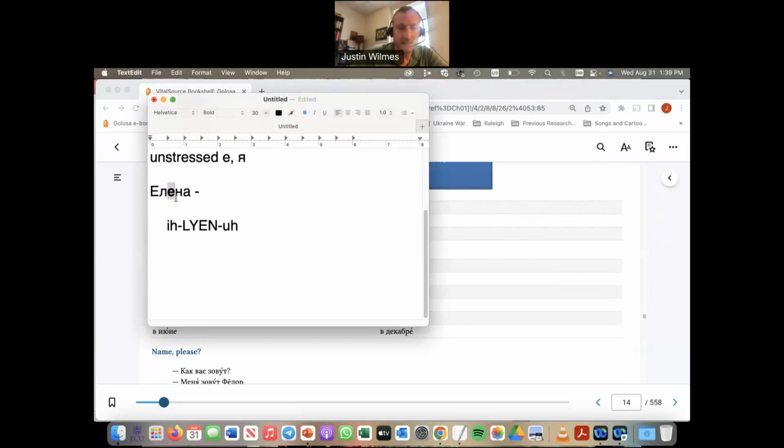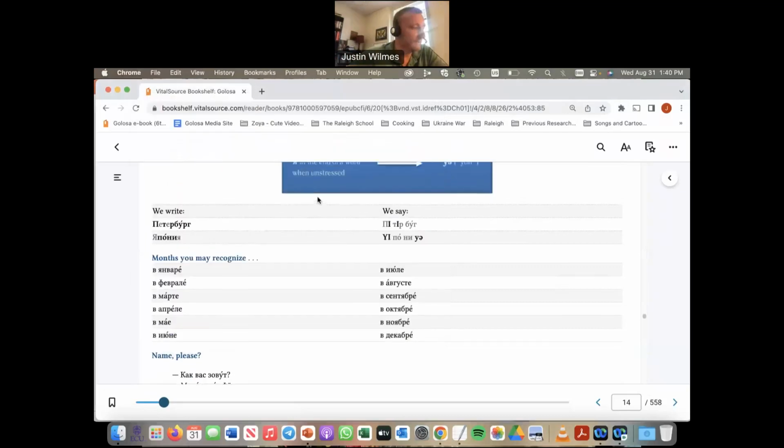So this one's ye, right? Lyen. That syllable is easy because there's no vowel reduction going on. So it's just lyen. Now, this ye at the beginning is being reduced.